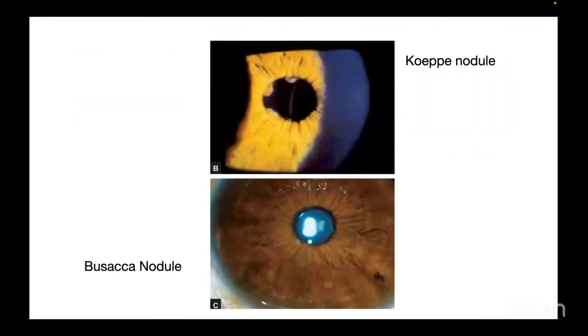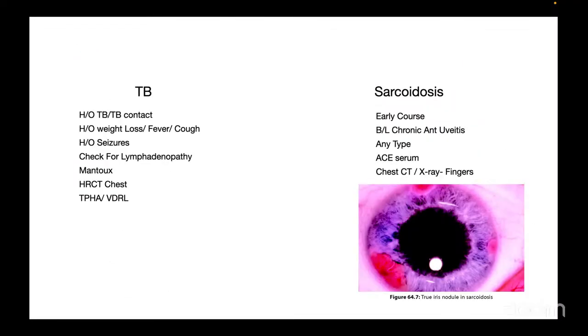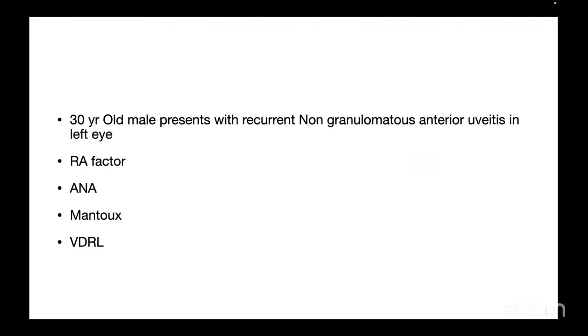So you get the idea about how to tailor the approach to a uveitis patient. Coming to the first question again, what is the correct answer for this patient? Which test will you advise for this 30-year-old male patient?